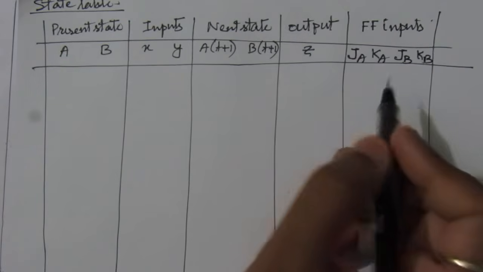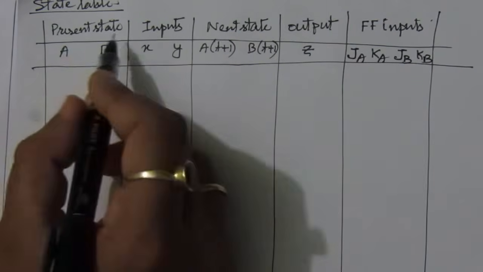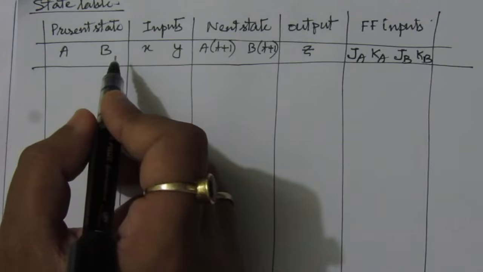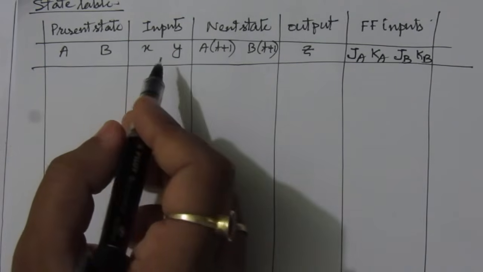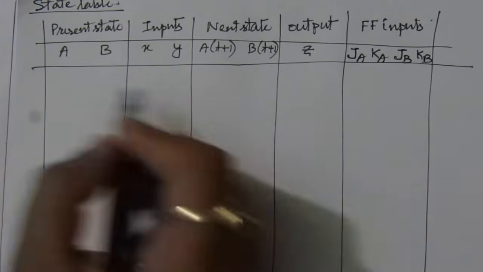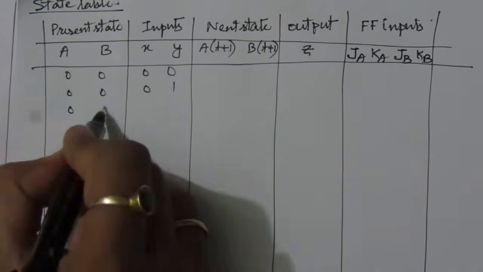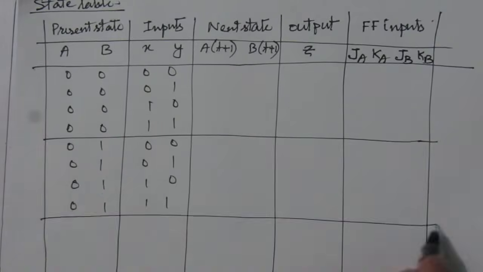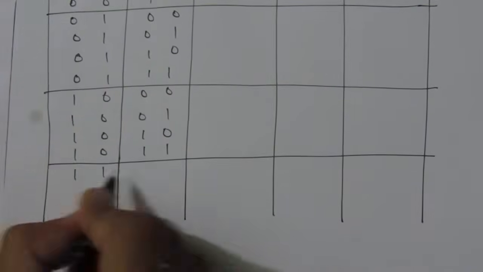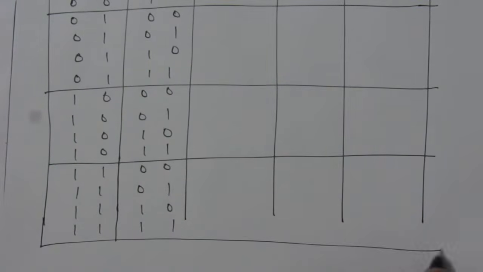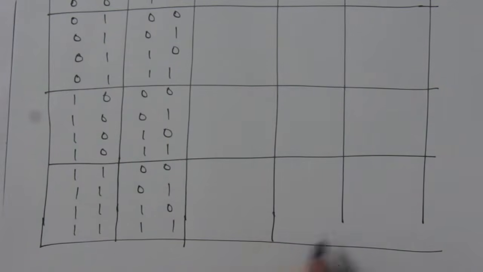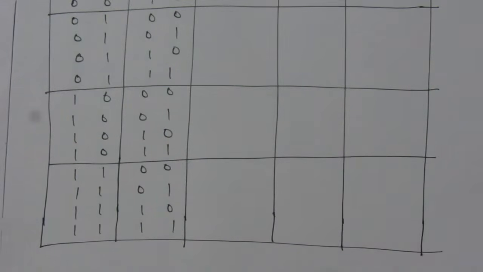So these are the input and output variables. Present state and inputs together give 4 variables at the input, so we'll have 16 combinations. We'll have 0 0 0 0, and so on. These are the various inputs as well as the present state combinations.